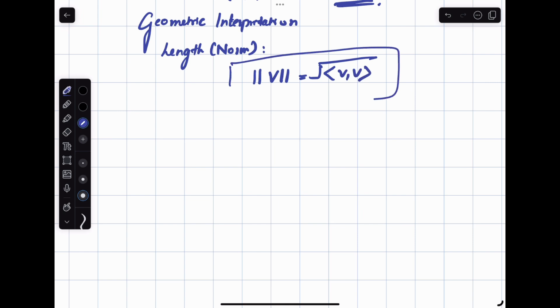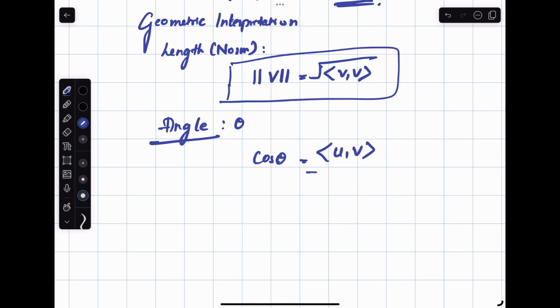All right, this is the formula to calculate the length in terms of the geometric interpretation in inner product. How can we calculate the angle? Cos theta is equal to the inner product of u comma v divided by magnitude of u into magnitude of v.